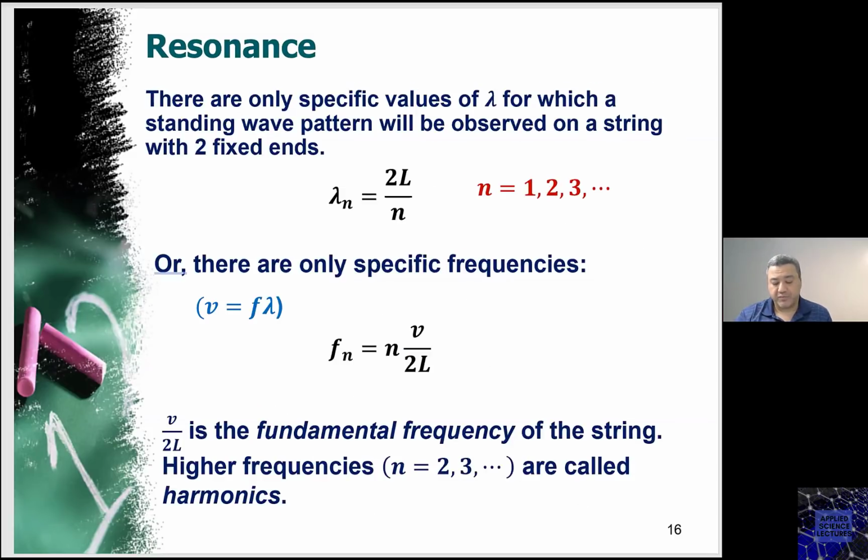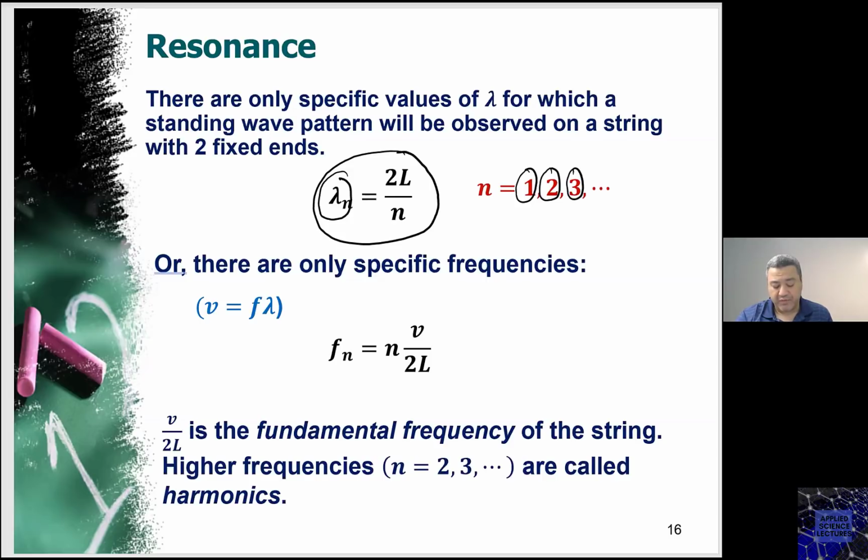Now, if we want to work out this equation and write the wavelength in terms of the length of the string, then lambda n will equal 2L over n, where n is the number of the resonance frequency. If n equals 1, then this is the fundamental frequency, and then 2 the second harmonic, 3 the third harmonic.